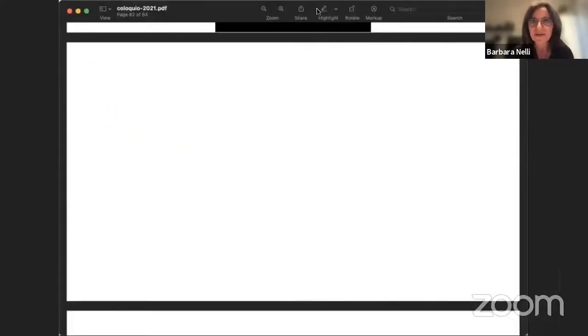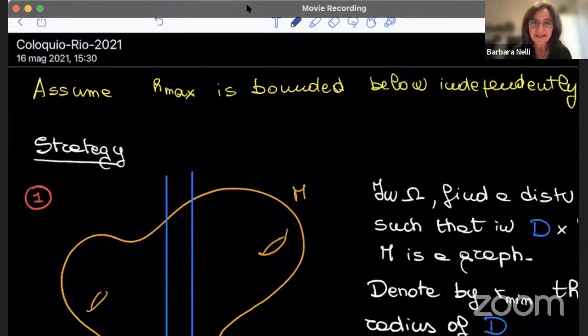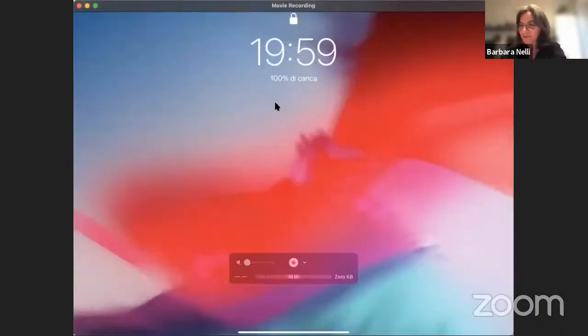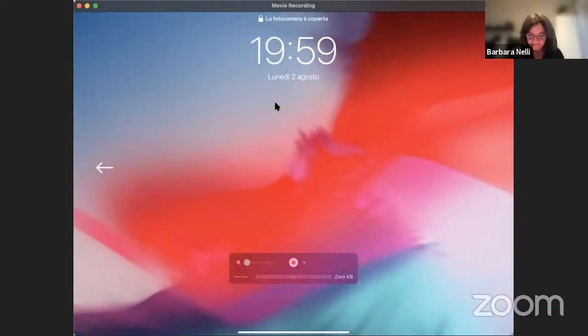Okay, so I will do something very dangerous because I'm going to change my share file. Okay, because I want to show you something else. So I hope it works. And just to do this now, wait a minute.